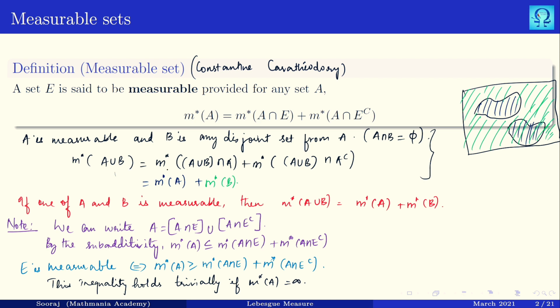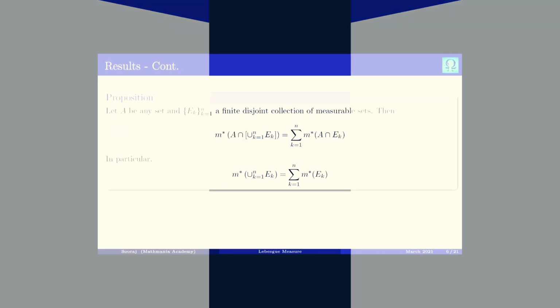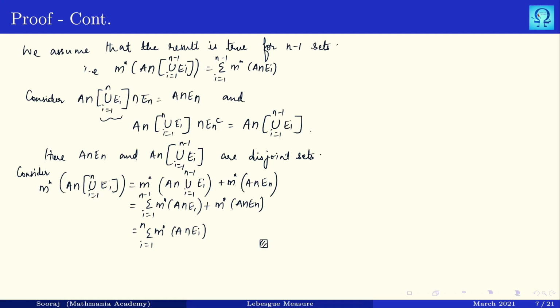With this ideology, you can easily prove the result holds true for two sets. Or if you need to prove for two different sets, of course, you may try it out and incorporate that proof here. Actually I am leaving that as an exercise to you. The exercise is, you will have to prove the result for n equals 2.